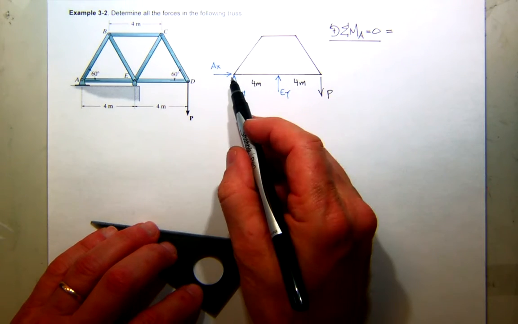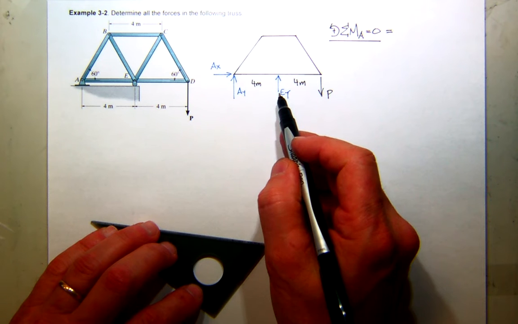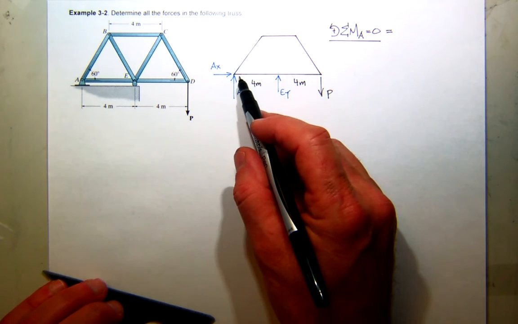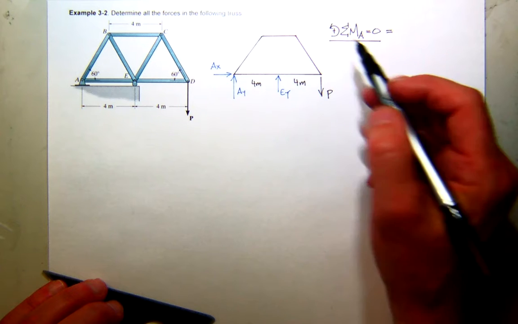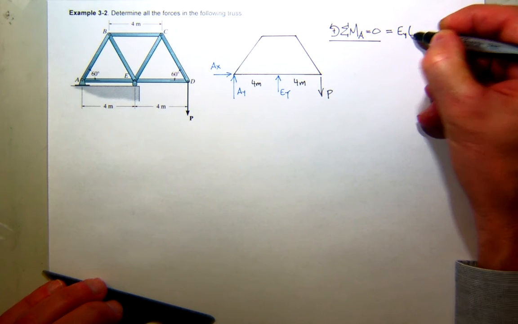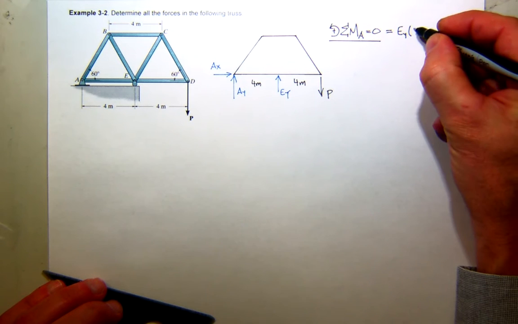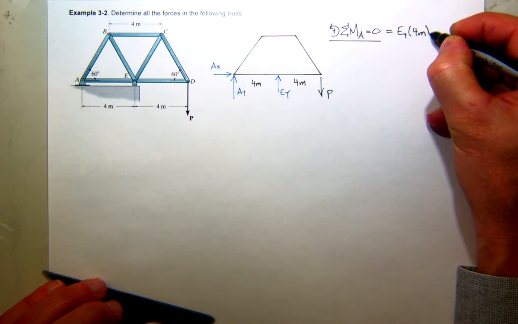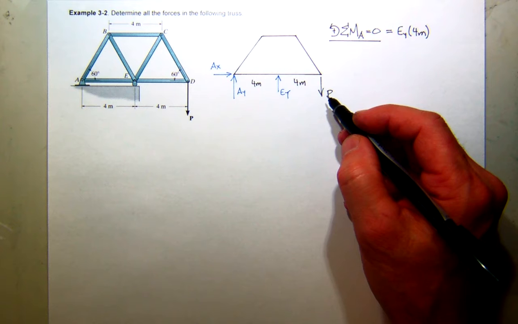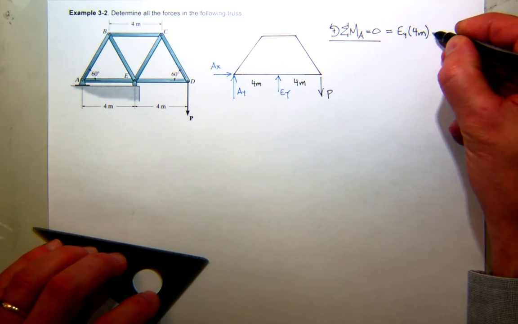So about A, I've got EY creating moment and P creating moment. EY is going to create what kind of moment about A with right-hand rule? Positive. So the moment will be EY times the distance between A and E, which is 4. And then I've got this load P. What kind of moment is it going to create about A? Positive or negative? Negative.